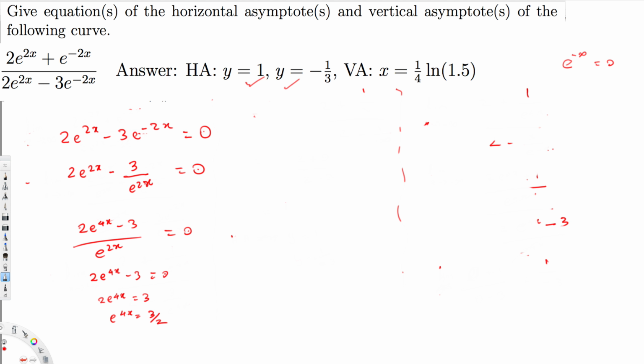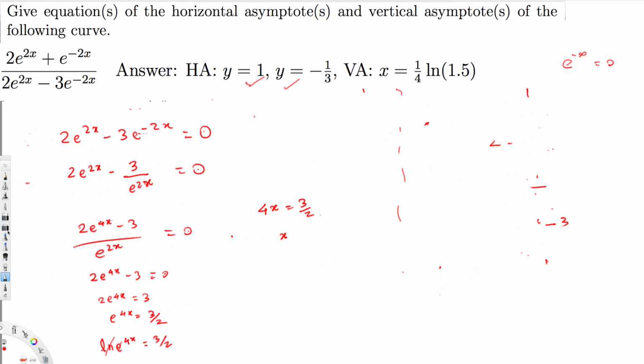Since we have e^(4x) equal to 3 by 2, we can take ln on both sides to get rid of the e. So ln of e^(4x) equals ln of 3 by 2. ln and e cancel each other. Therefore 4x is equal to ln 3 by 2. Don't forget guys, we are taking ln on both sides.